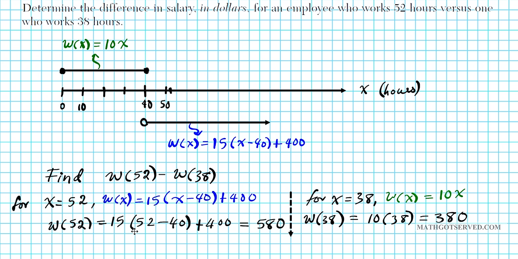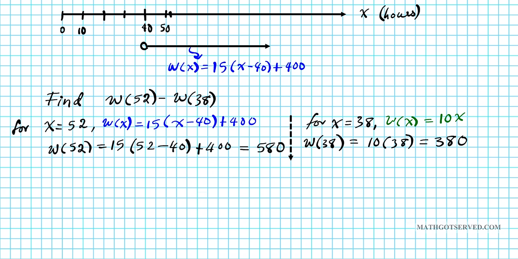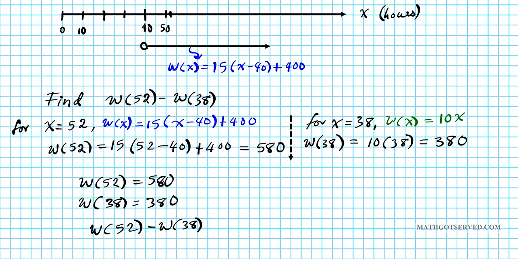Now remember the task was to find W52 minus W38. So let's go ahead and look for that. Since W52 is equal to 580 and W38 is equal to 380, the difference W52 minus W38 is just, you subtract these two, right?